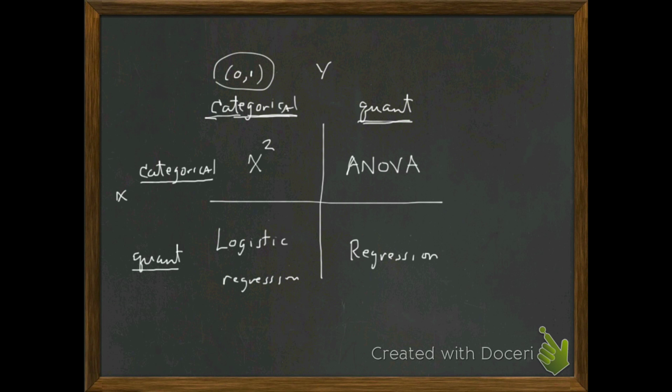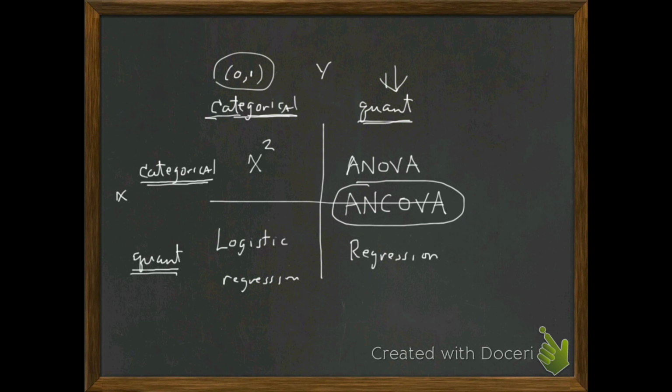So where does ANCOVA fit into this design? A good place to consider ANCOVA is right in here. We still have a quantitative y that we want to explain, but we have a categorical independent variable and a quantitative variable that we want to control for.